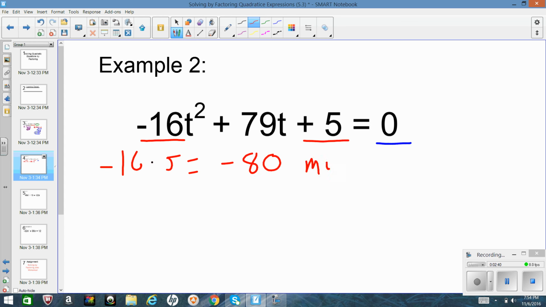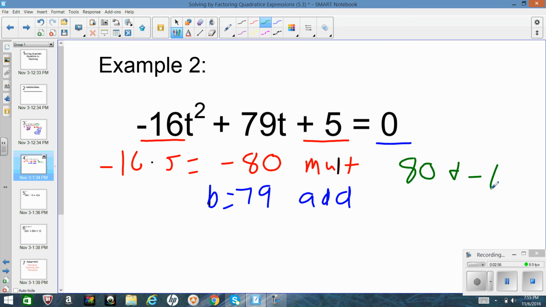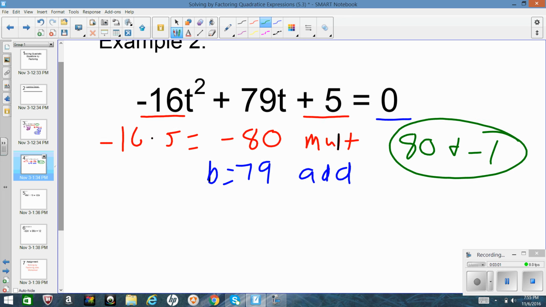That's what we want to multiply to. b equals 79, so that's what we want to add to. What multiplies to negative 80 but adds to 79 are two magic numbers, 80 and negative 1.